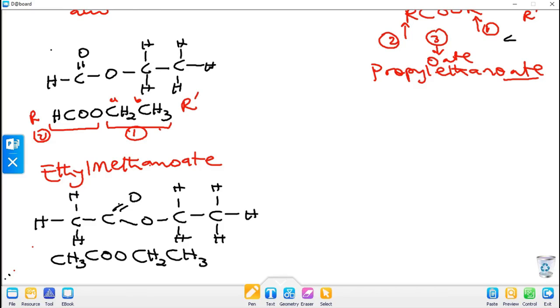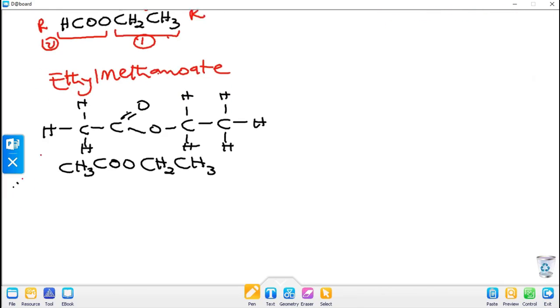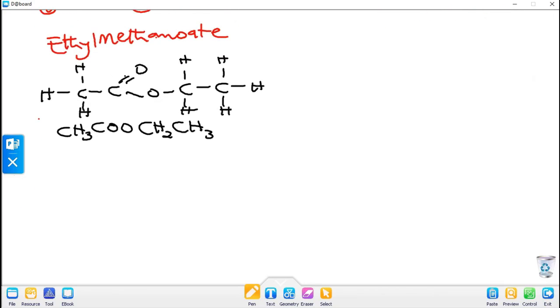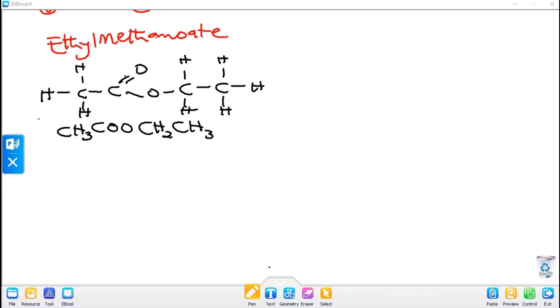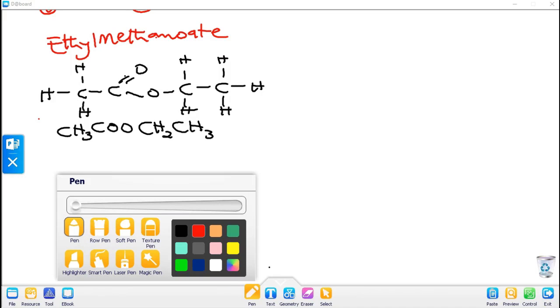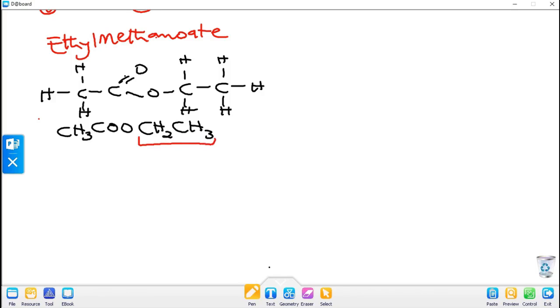So how do we know the name of the compound? We ask ourselves, how many carbon atoms can we see after COO? There are two carbon atoms after COO.